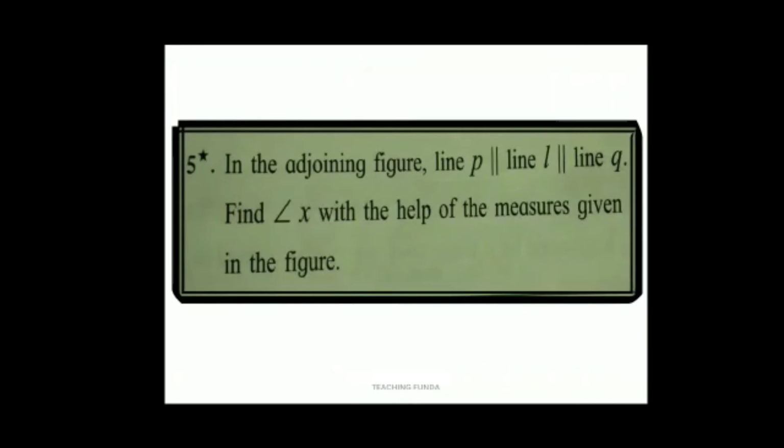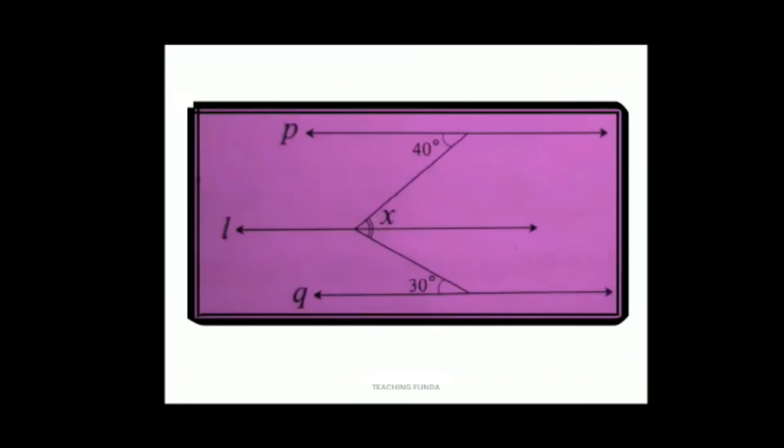Okay. Now question number 5. Line P parallel to line L parallel to line Q. Find angle X with the help of the measures given in the figure. Now see, 40 degree they have given to you, you have to find out X, and 30 degree also they have given to you.